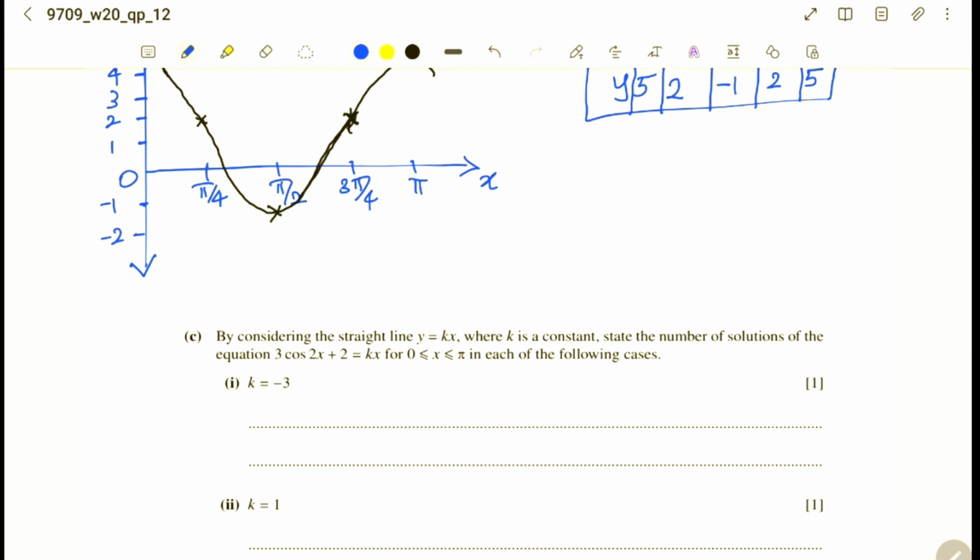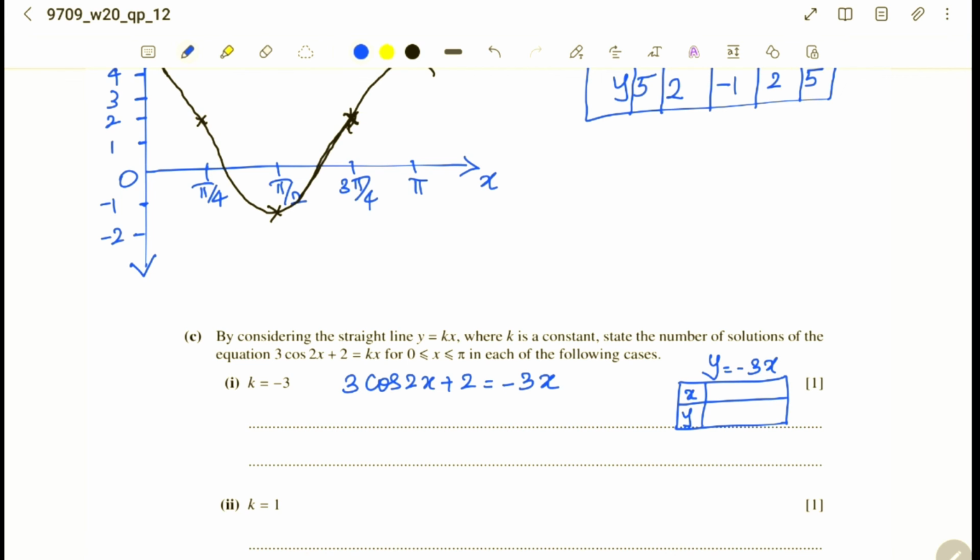So we have to take 3 cos 2x plus 2 is equal to negative 3x. So we have to take this as y is equal to negative 3x, and we have to sketch a straight line for that. And we have to find out the point of intersection of the curve and the straight line. So let's take y is equal to minus 3x.